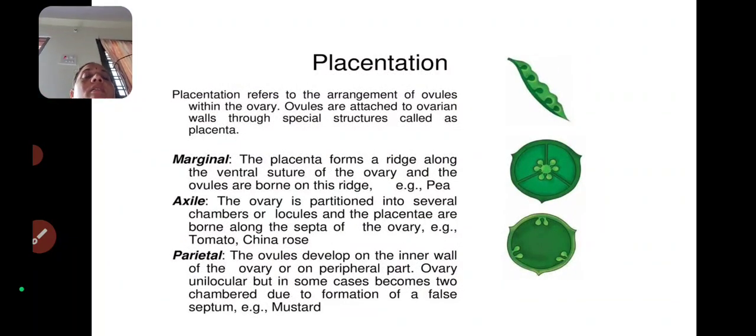This is placentation. Observe the picture and identify what type of placentation it is. Just observe the picture.